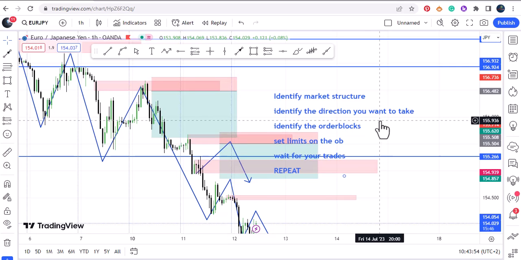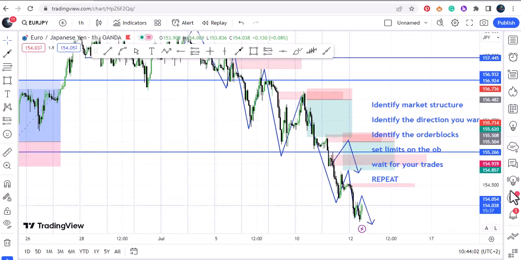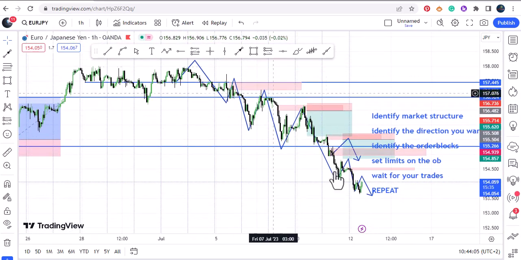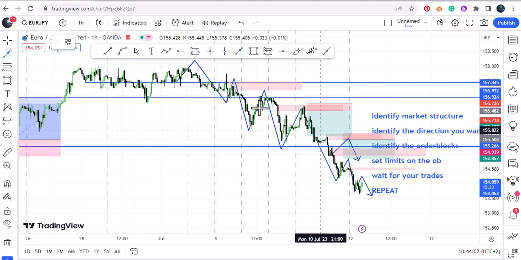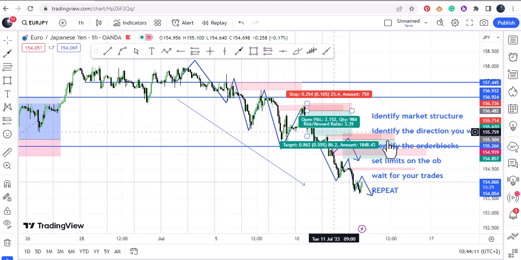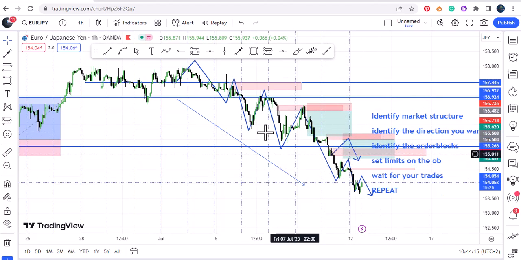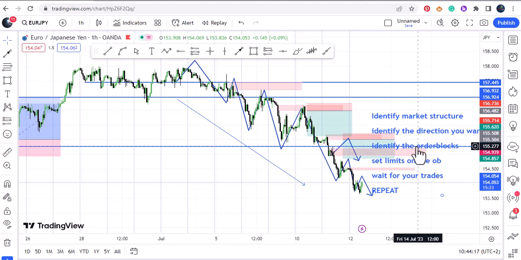Then you identify the order blocks that are in that direction. For example, if you have identified to go down, you have to choose order blocks that are going in the direction that you want. In this example, we identified that our trend was down, and we were choosing only bearish order blocks for our consideration. So this is what we have done, and we identified the order blocks.